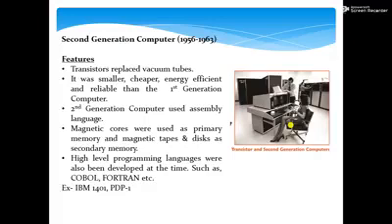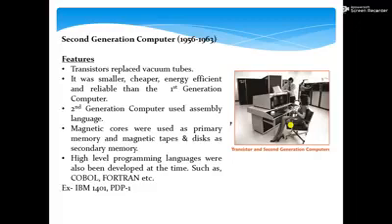And the last one is high-level programming languages were also being developed at that time, such as COBOL, Fortran, etc. Which means second generation computer also used high-level language for processing or for programming. IBM 1401, PDP-1 are examples of second generation computer.